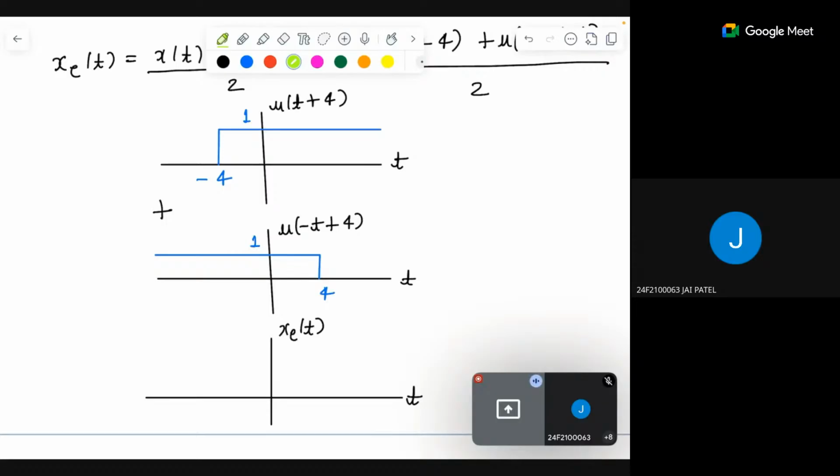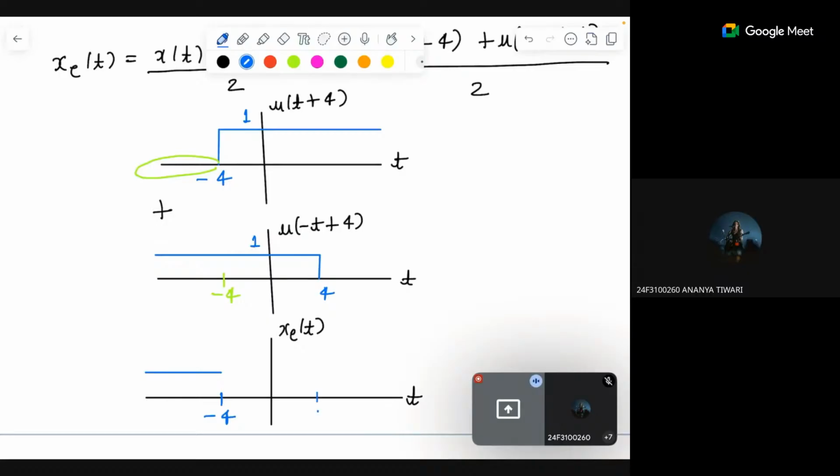Before minus 4, the first signal is 0, right? The second signal before minus 4 is 1. Less than minus 4, 0 plus 1 is 1. 1 divided by 2 is 0.5, right? So we have 0.5.